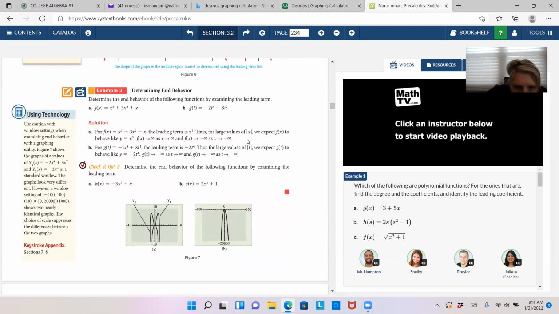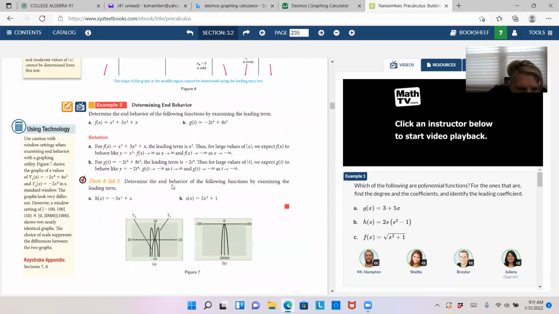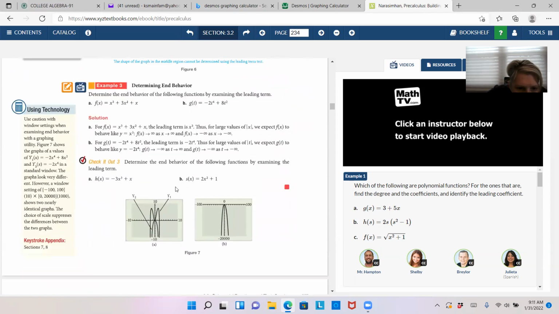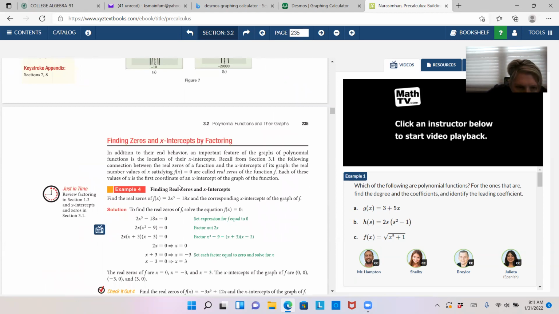And you should be able to see that in the graph here. Their graph did not show that. We're going to see that.